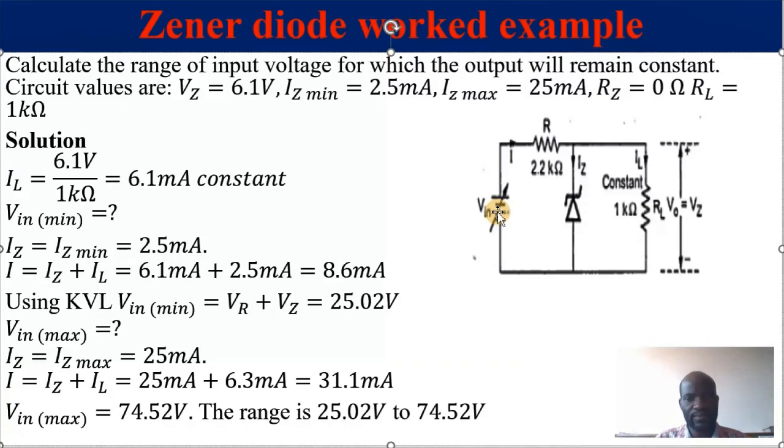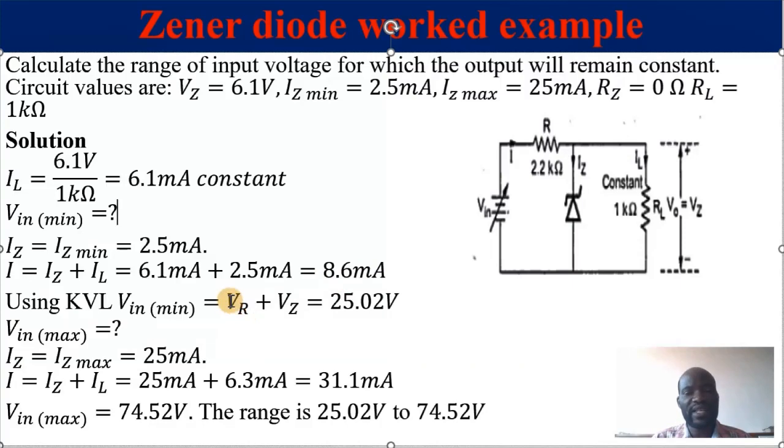The Vz that we are given is 6.1. So we must calculate V in. And V in is not a problem because we are given R and we have found I. So we are going to say 8.6 milliamps times 2.2. I want you to use your calculator to calculate VR.